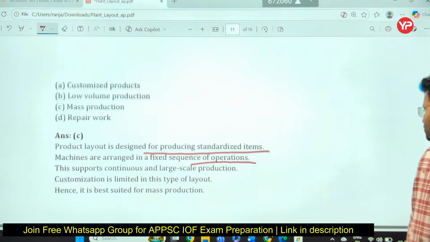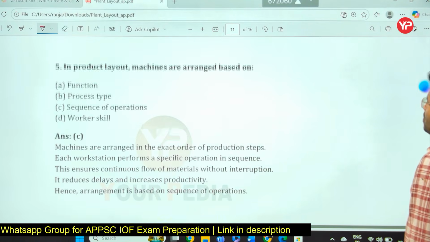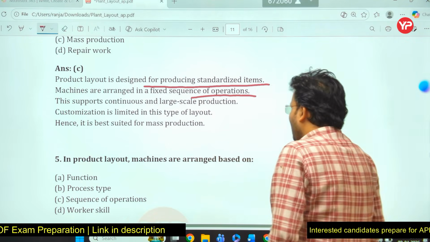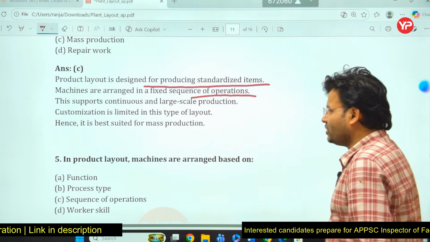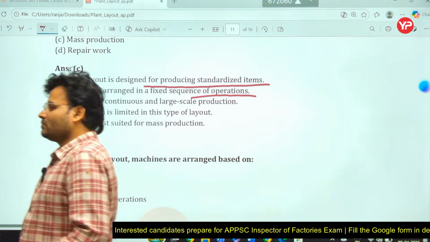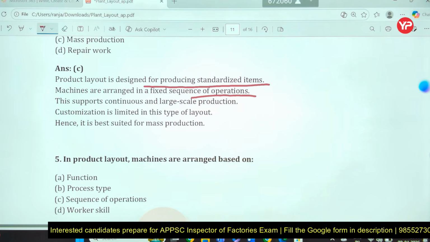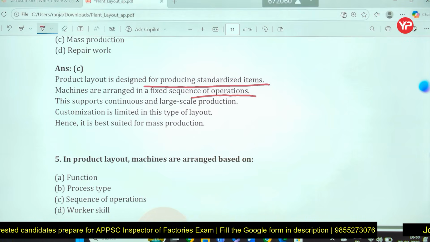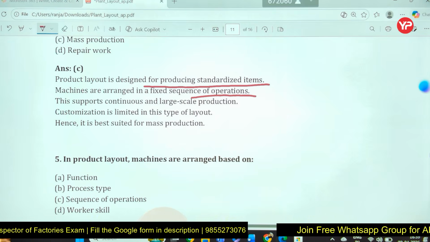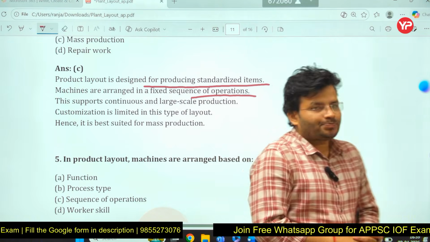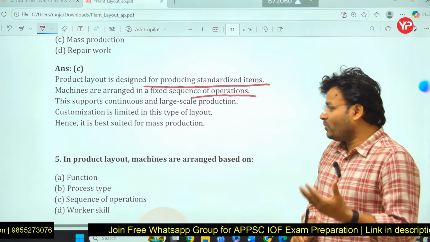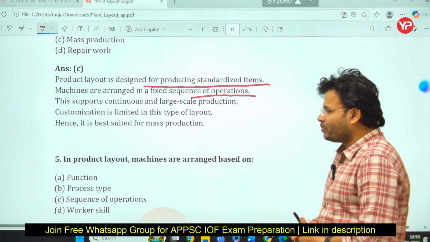Come to the next question. In product layout, machines are arranged based on function, process, sequence of operation or worker skill. What will be the answer of that? Product means line layout, so machines are going to be arranged according to their operation.